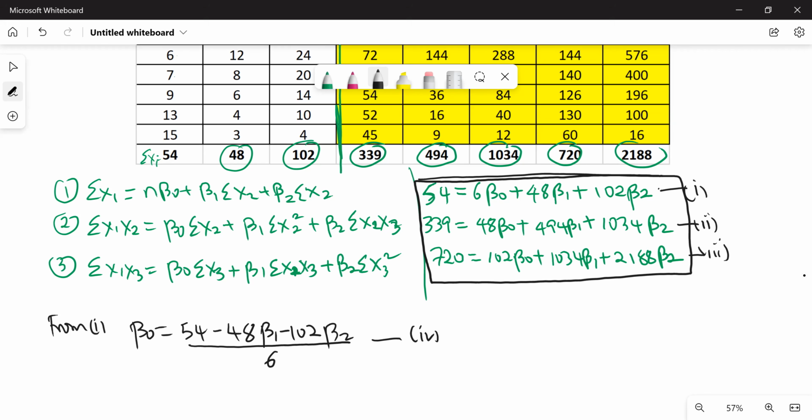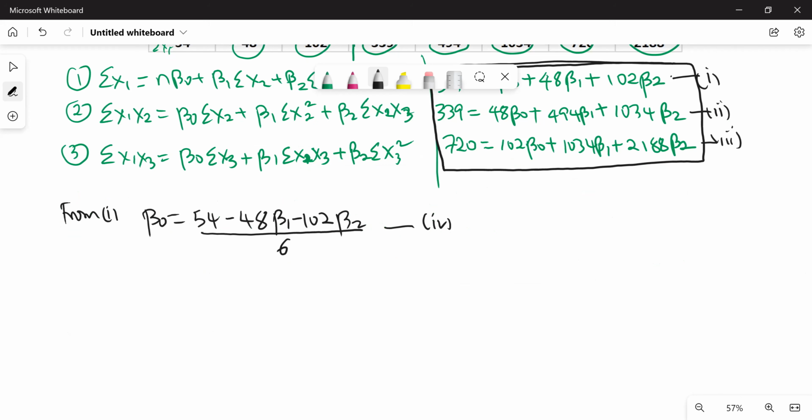Then you can substitute equation number 4 into equations 2 and 3. Where there is beta naught in equation 2, you put that value.